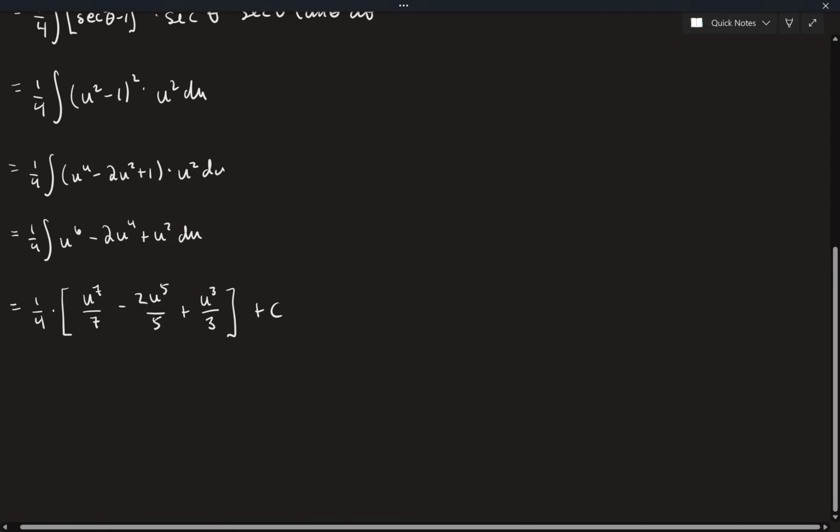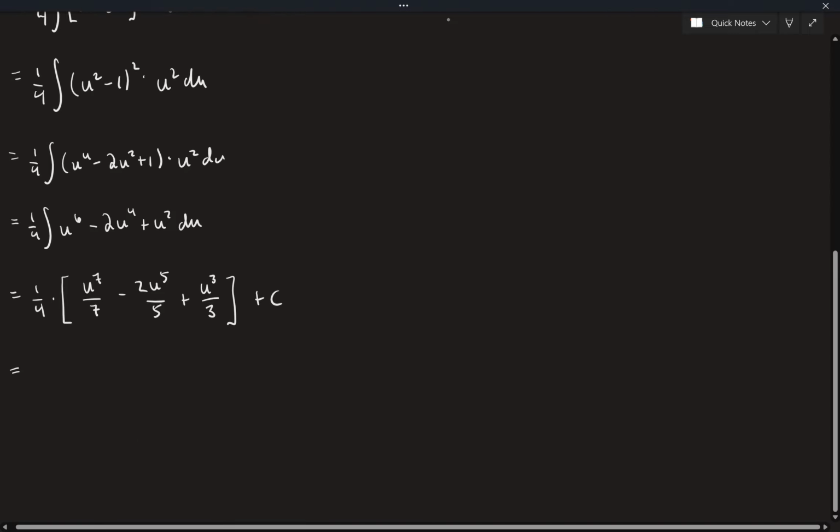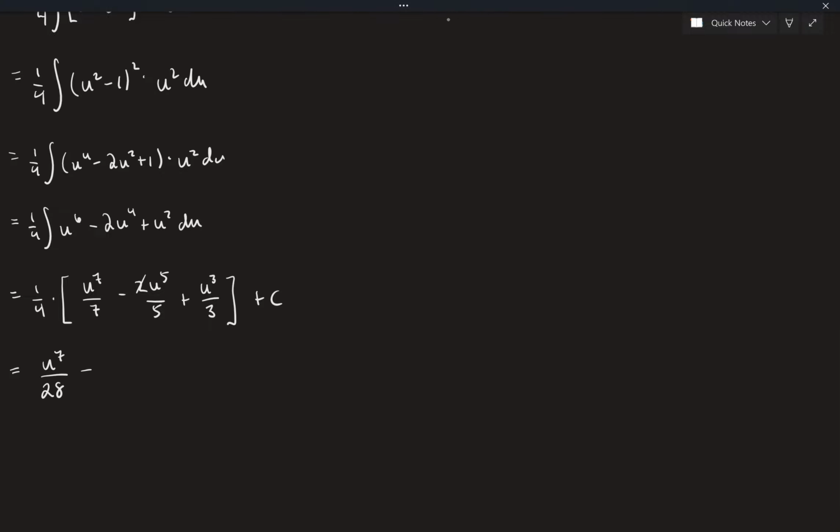I'll just go ahead and distribute that 1/4. U to the 7th over 28 minus 2 and 4 cancel with a 2 on the bottom. U to the 5th over 10, and then u cubed over 3 times 1/4, u cubed over 12, plus c, of course.